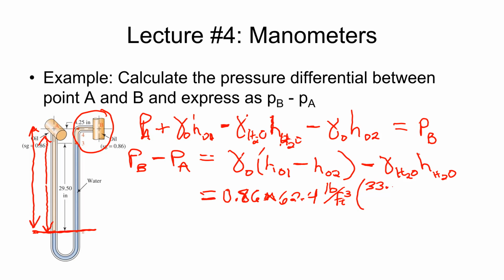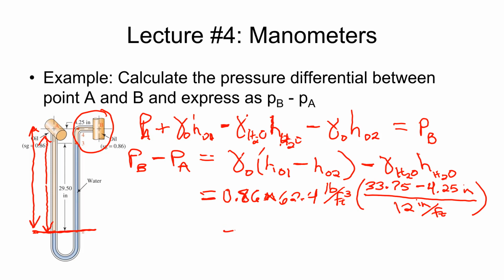So it's going to be 33.75 minus 4.25. And then we want to divide by 12 inches per foot.